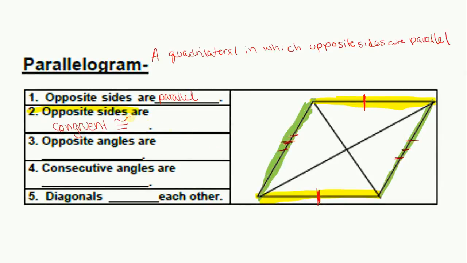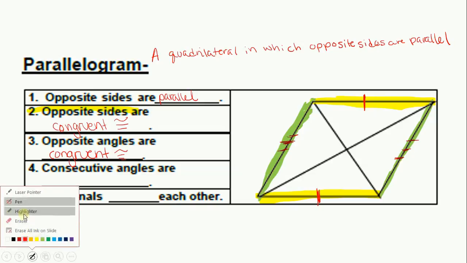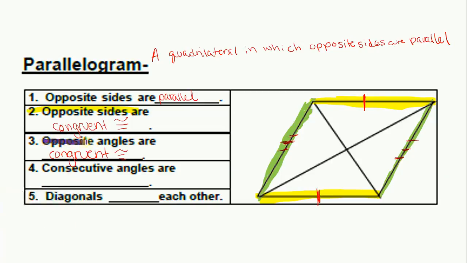Another thing to look at, opposite angles. So angles that are diagonal to one another, if you want to consider that, those guys are congruent as well. So, my congruent angles, if I want to take out my highlighter here. So, opposite angles.